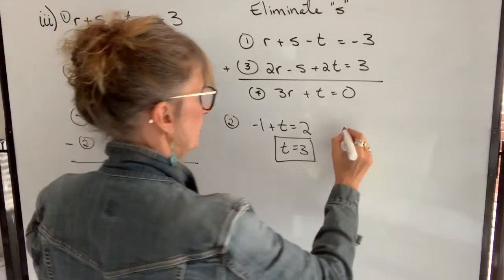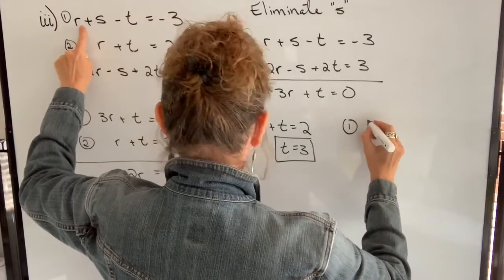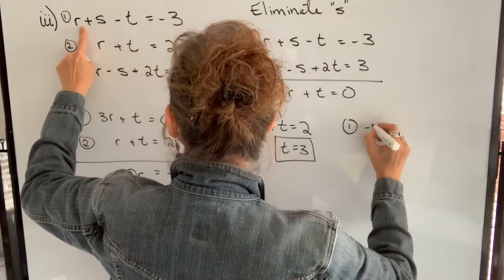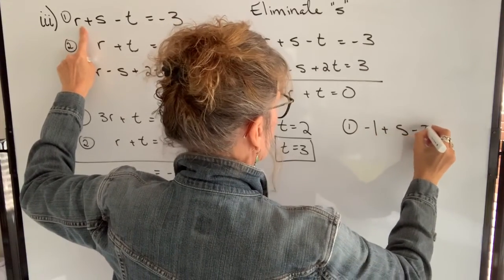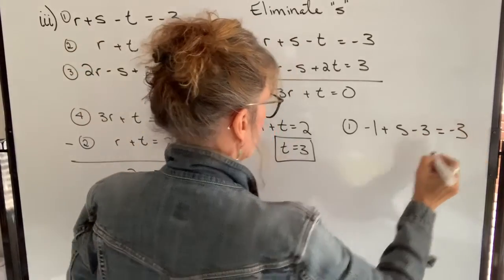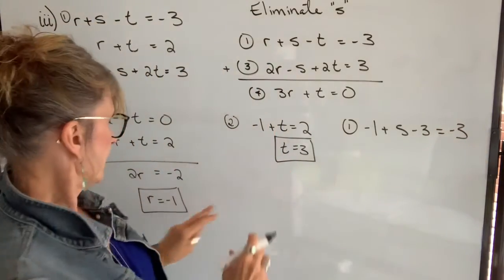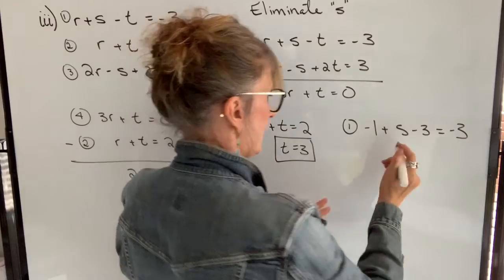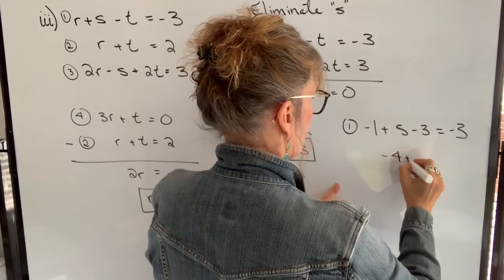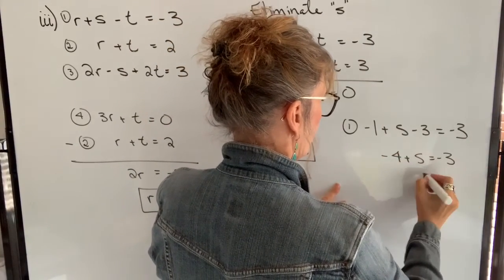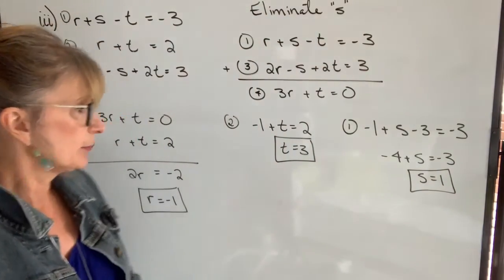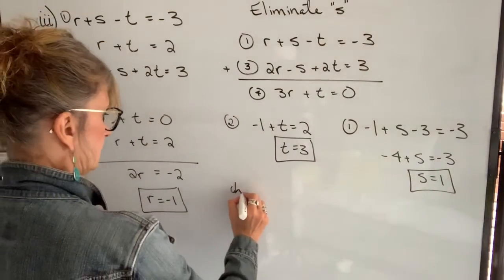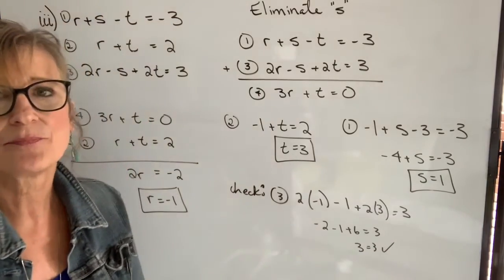I'll go to equation 1 and plug in r. Sorry, I might have said s before. I plug in r and t and I find s. So I have negative 4 plus s equals negative 3. I add a 4 to both sides. Again, I'm going to do a check. It does, so it's correct.